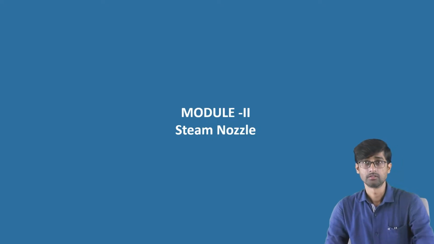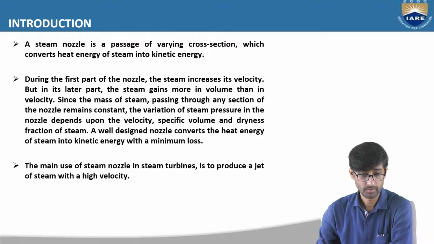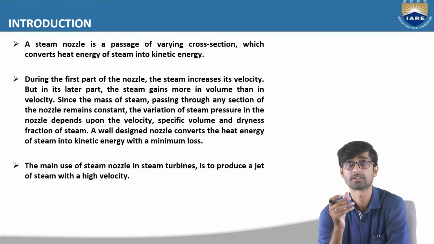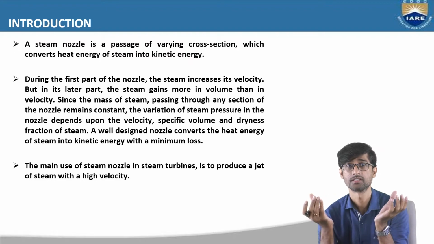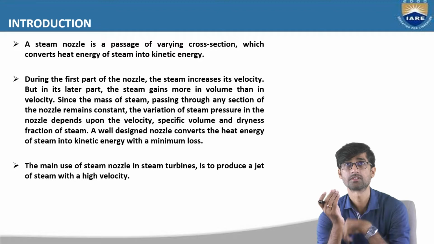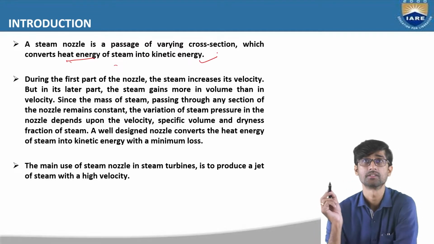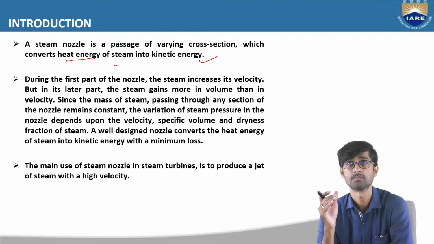Now, today's topic is steam nozzles. So, what is a steam nozzle? A steam nozzle is a passage of varying cross sections, like a duct, which converts the heat energy of steam into kinetic energy. During the first part of the nozzle, steam increases its velocity, but in the later part, the steam gains more in volume than in velocity.